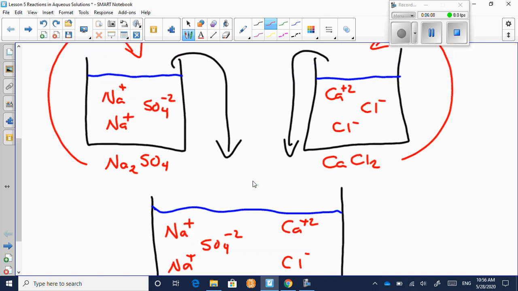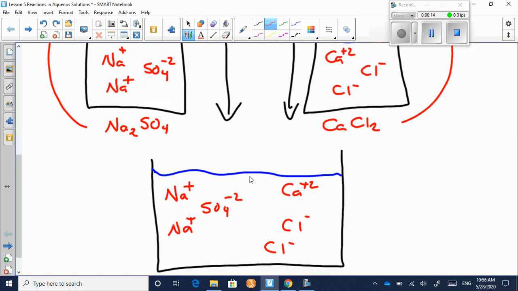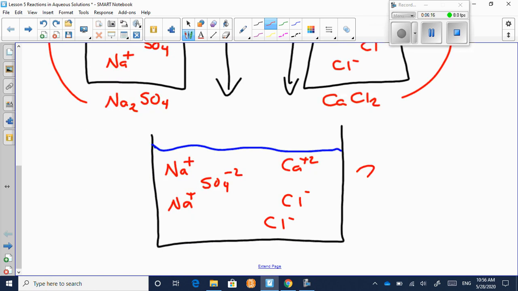So that's kind of what we're doing in this lesson today. It's just a review of Unit 2 of these reactions. The question is, and I'm going to put a little question mark here, will any solids form? That's the question.